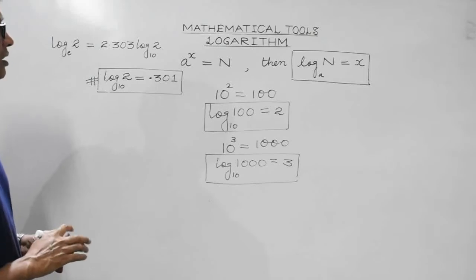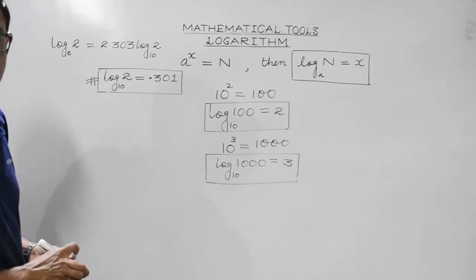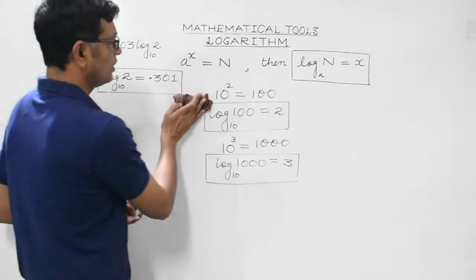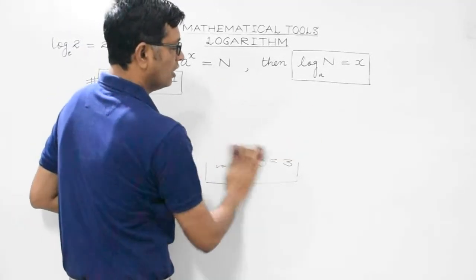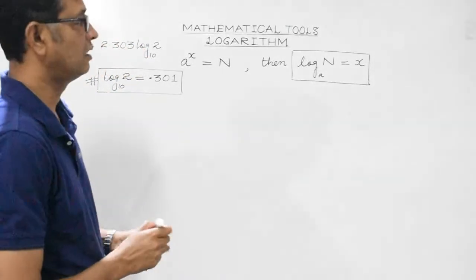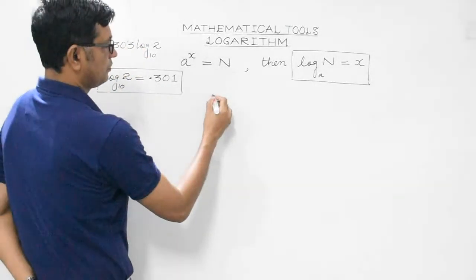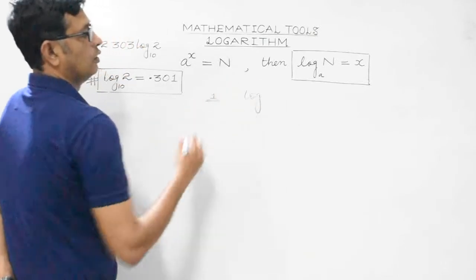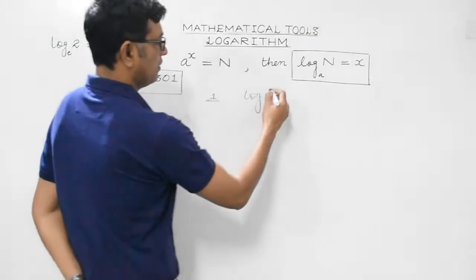Now, before we start attempting some questions, we need to discuss some laws. There are various laws, but I will be discussing over here only those rules which will be important in physics, right? First one is log m into n.